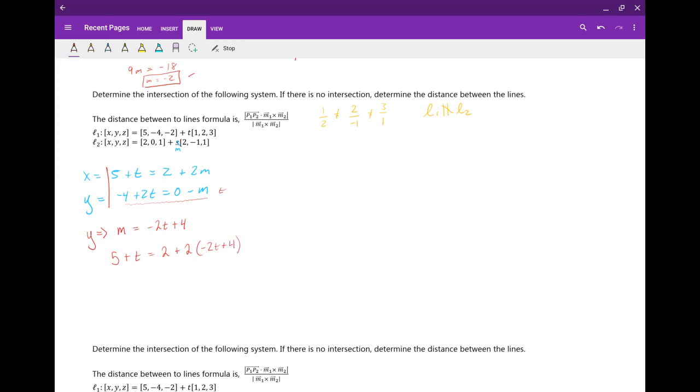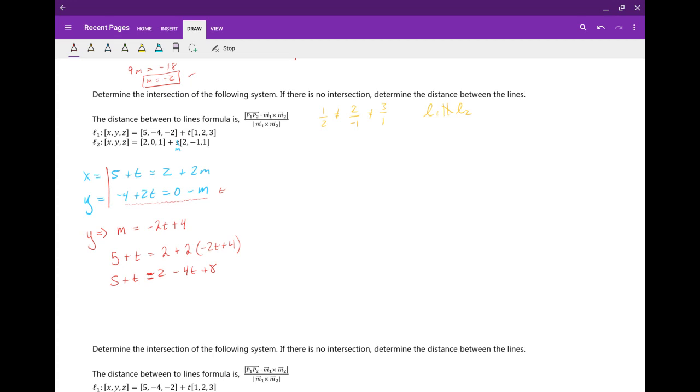Now it looks like I should be able to solve for t in this equation. Let me try not to make any mistakes here. Whoops, let's change that to a minus. So I'm getting a minus 4t, and a plus 8. 8 and 2 is 10, there's a positive 10, and that's a 5.